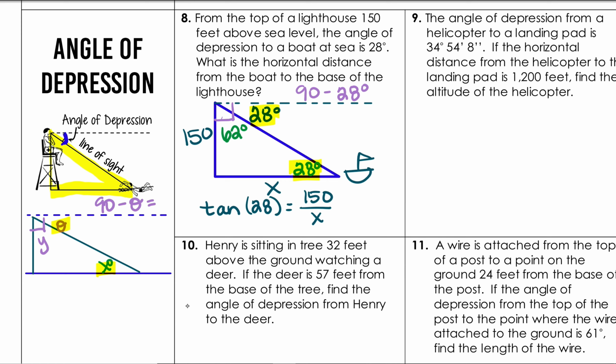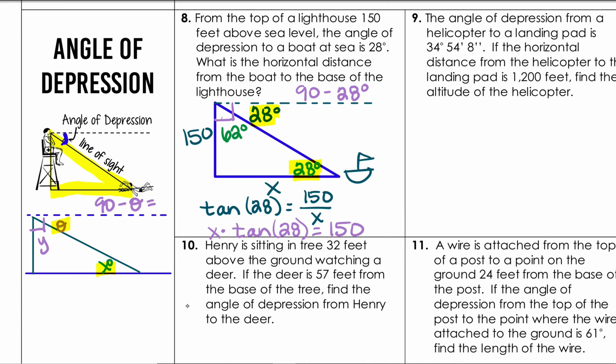Now notice if you were doing 62, it would be tangent of 62 equals x over 150. So it's really not going to make a difference. So now if I set this up as a proportion and multiply, what I would have is x times tangent of 28 equals 150.